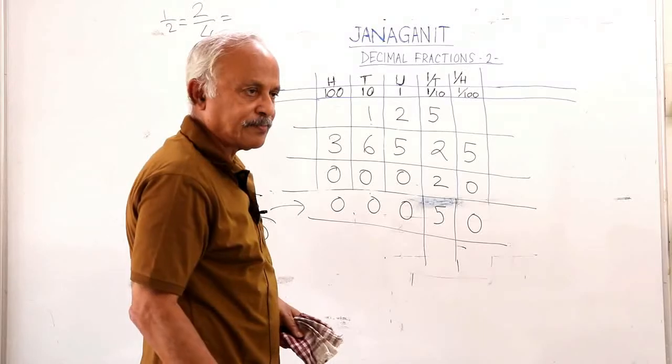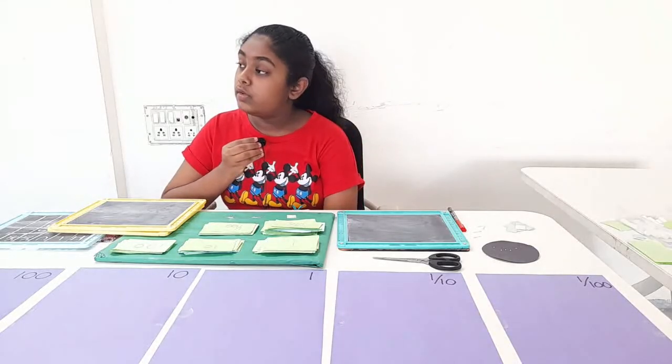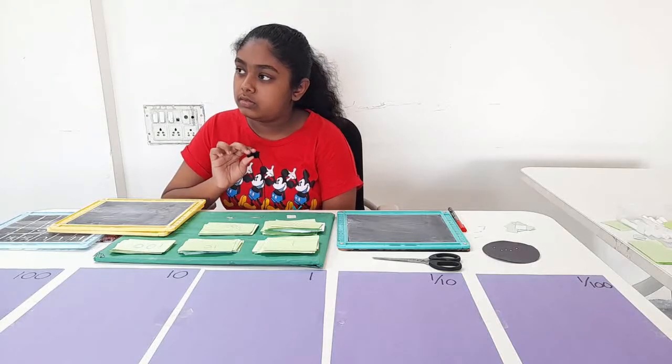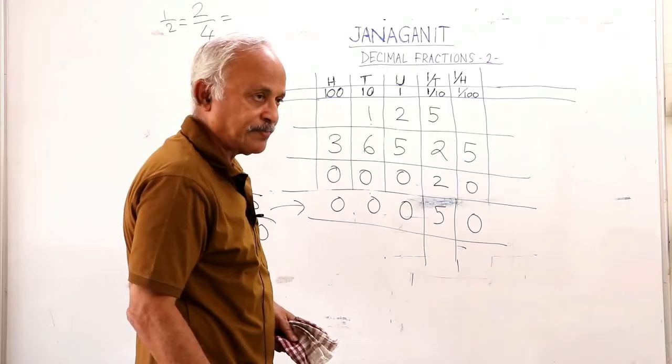What have you done? I divided 5 1 by 10s into 2 equal parts. Right.